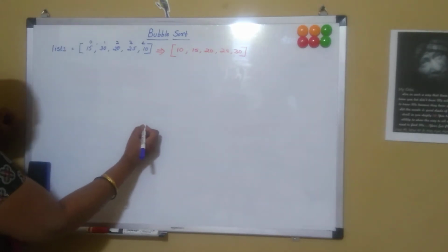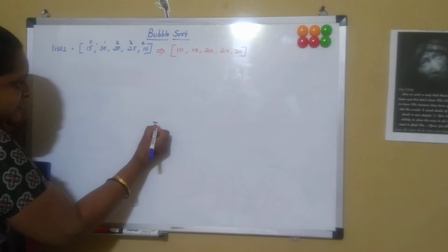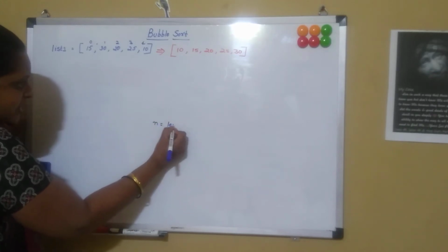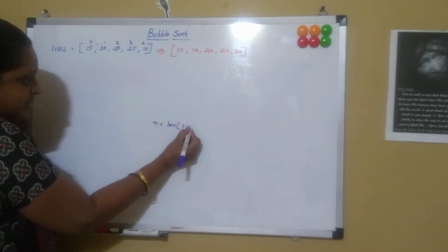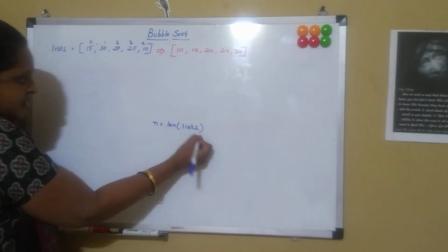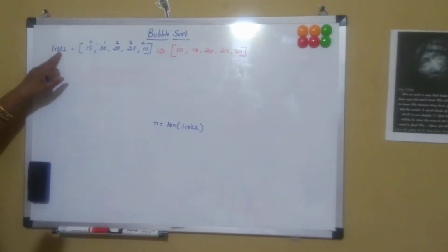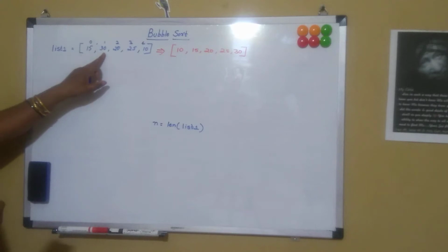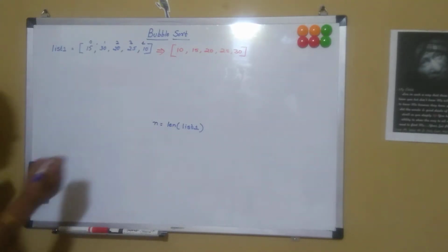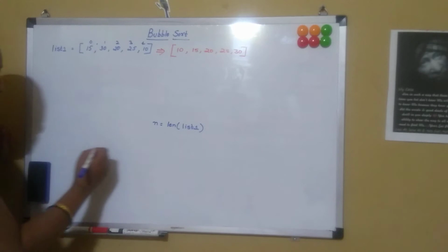For coding, let me take n equal to length of list1. So n is nothing but the length of list1. It is 1, 2, 3, 4, 5, so my n will have the value 5.